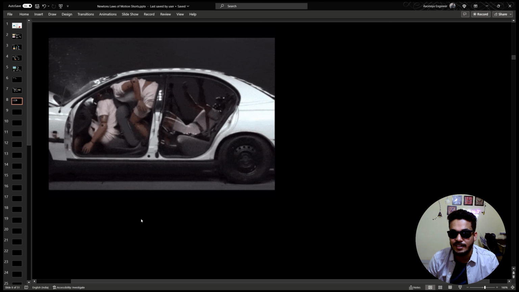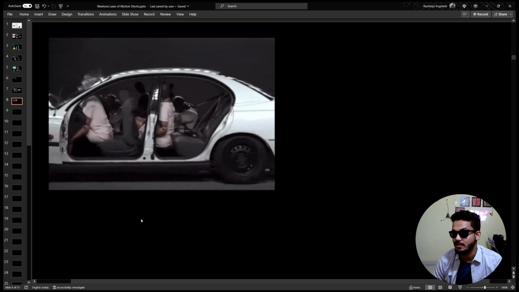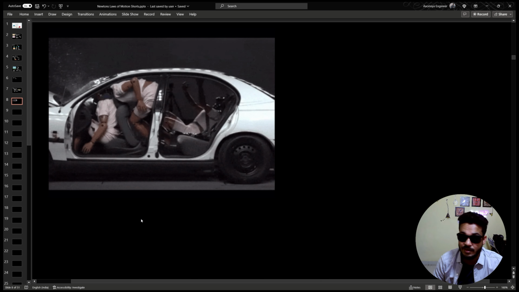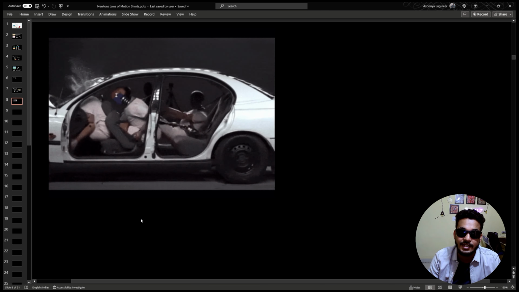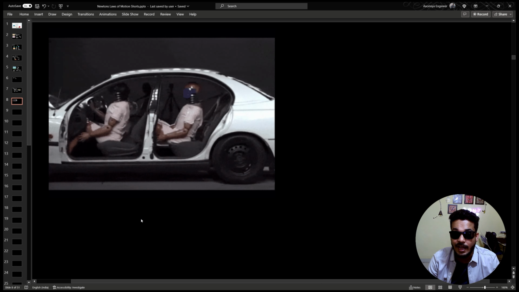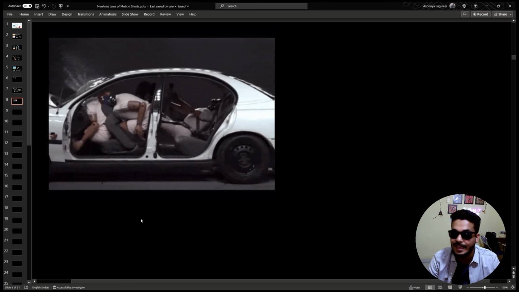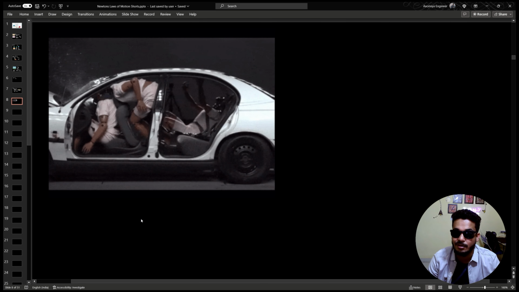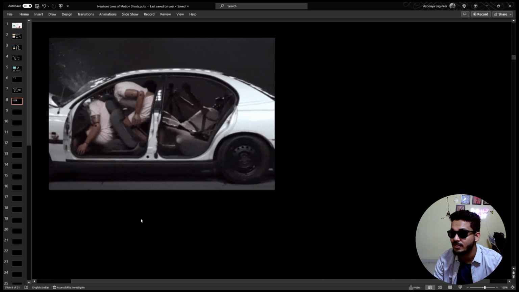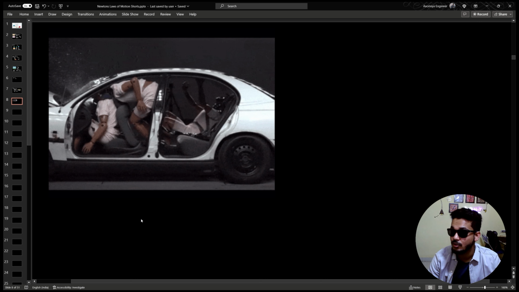It's because suddenly the car has come to rest, but the dummies don't want to come to rest. They just want to travel at 100 kilometers per hour, right? That property itself is known as inertia. It comes from mass. So a heavier body will take much more damage than a lighter body in a crash like this, because inertia is directly proportional to mass. The more the mass, the higher the inertia.